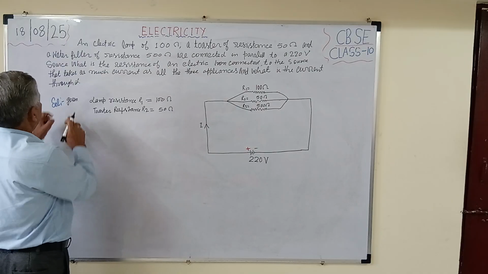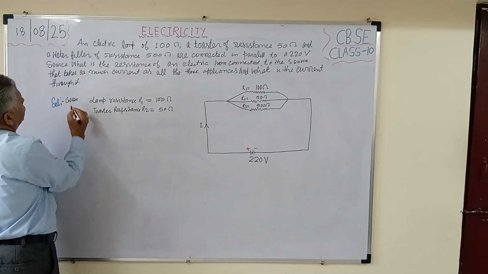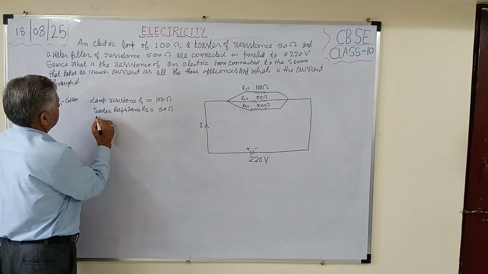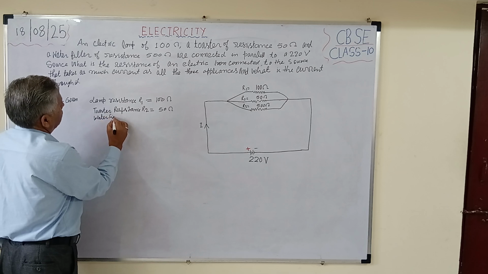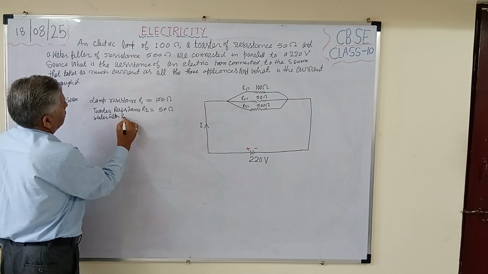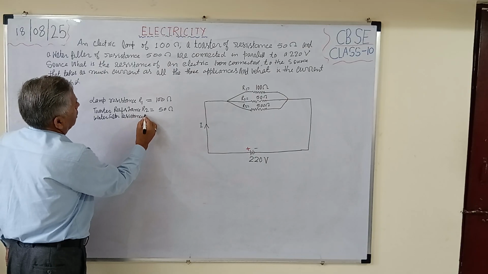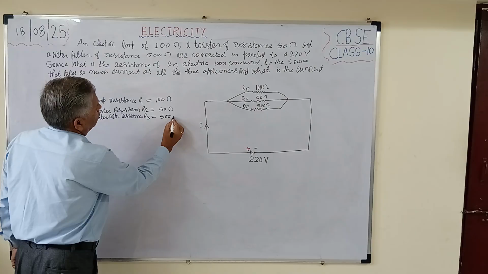Toaster resistance R2 equals 50 ohm. Water filter resistance R3 equals 500 ohm.